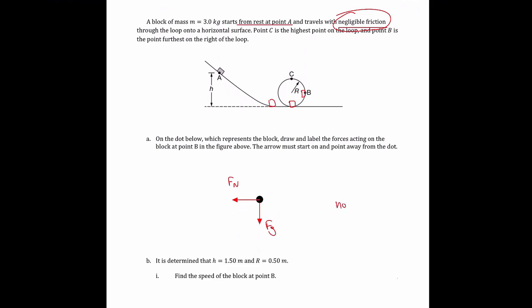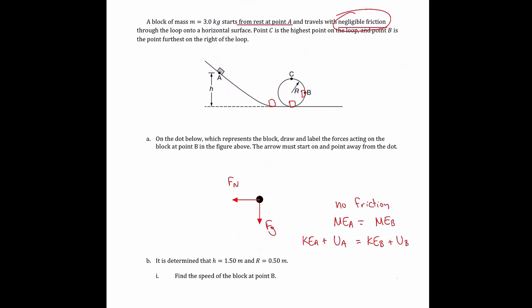So we can say that the mechanical energy at point A and the mechanical energy at point B will be equal. Mechanical energy at point A means kinetic energy at A plus potential energy at A is equal to kinetic energy at B plus potential energy at B.